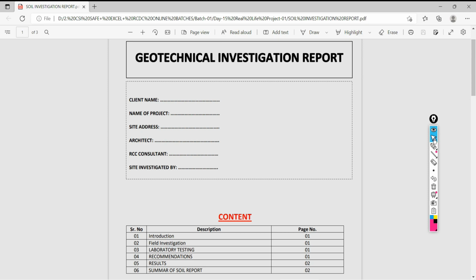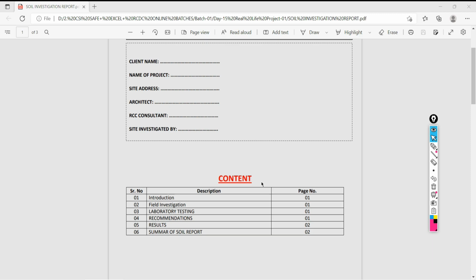Then the content of this report: introduction, field investigation, laboratory testing, recommendation, result, and summary of the soil report. This gives a short overview of the content of this report.